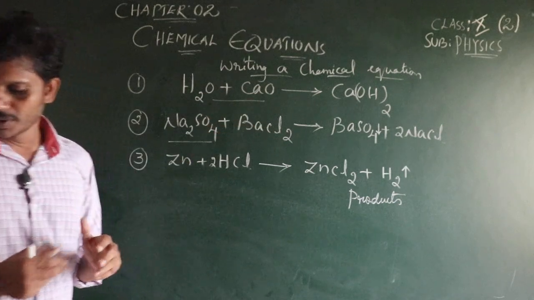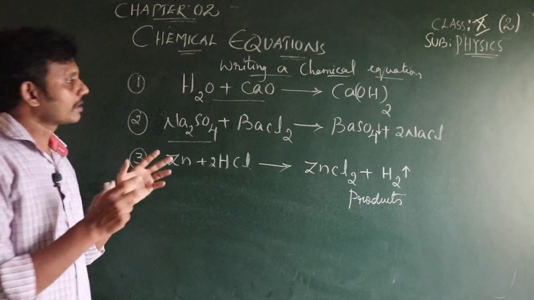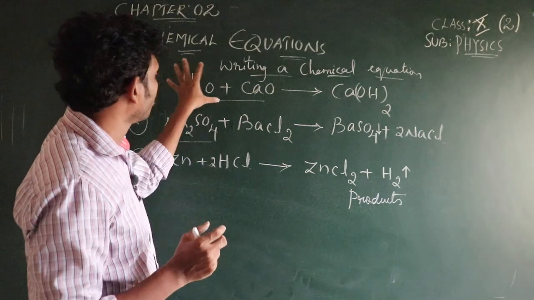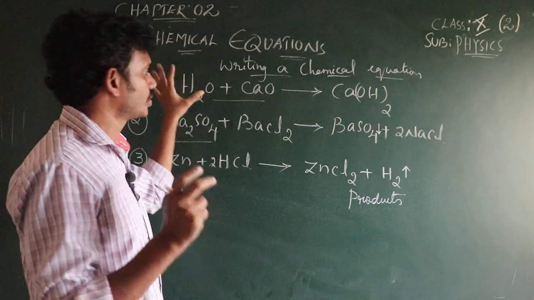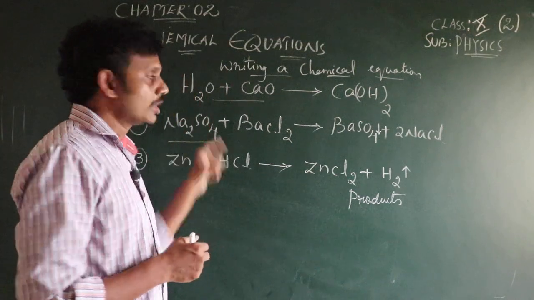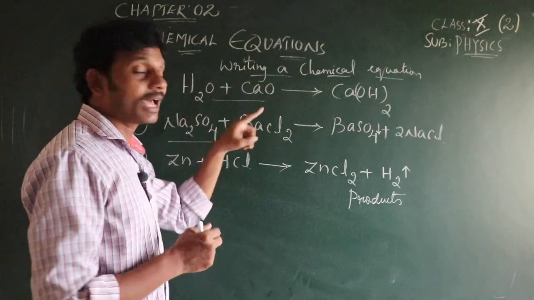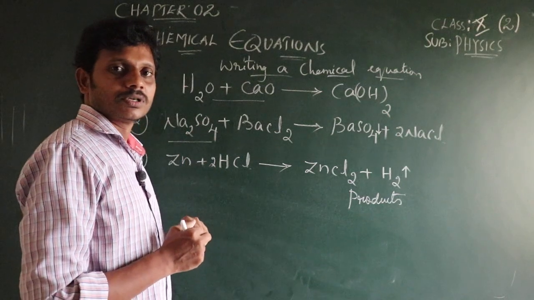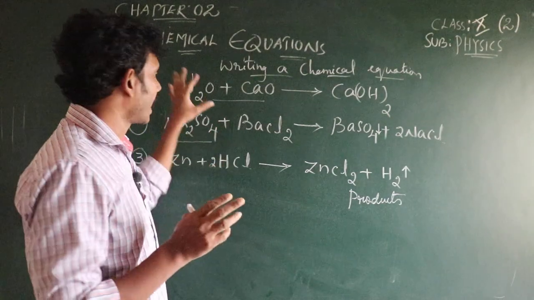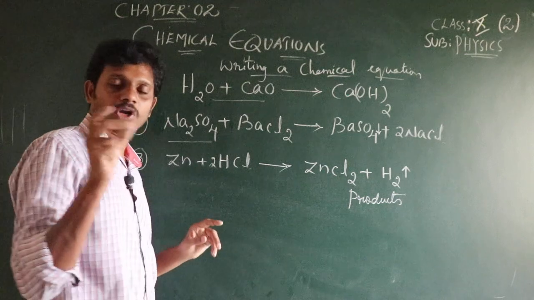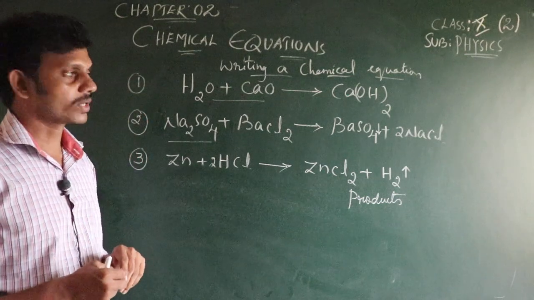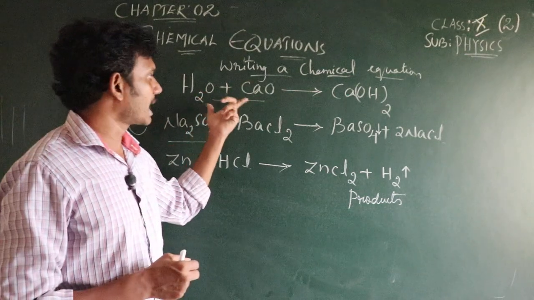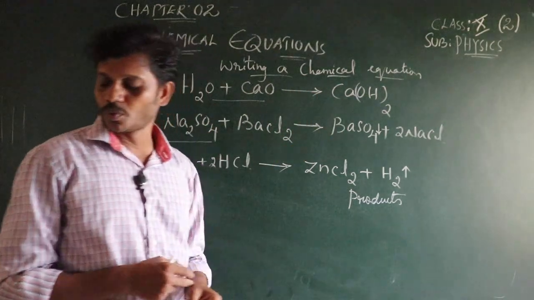So we should know how to write a compound or show its molecular formula. We should write the molecular formula for the compounds that are reacting. Next, when both react with each other, what is produced, what is released?